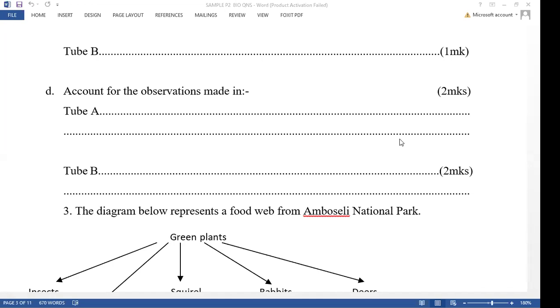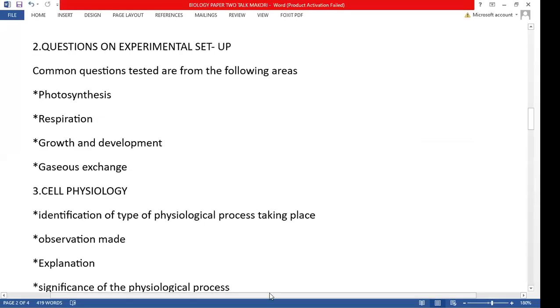So the control experiment is either a dead mouse within the conical flask, or we can have no animal within this part.